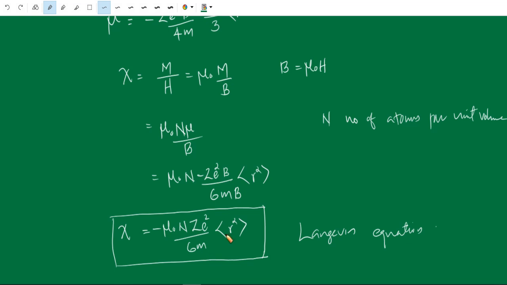R square is the mean square distance from the electron to the nucleus. The negative sign indicates that this susceptibility is diamagnetic. In the next video I'll be talking about the quantum mechanical theory of diamagnetism, or the quantum mechanical description of diamagnetism.